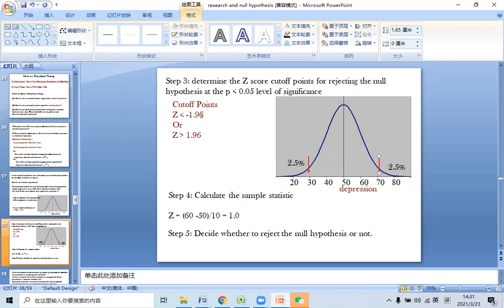1.96 would be the cutoff on the right side. If your data has a z-score larger than 1.96, you reject the null hypothesis. Alternatively, if your statistic is smaller than negative 1.96, you also reject the null hypothesis.